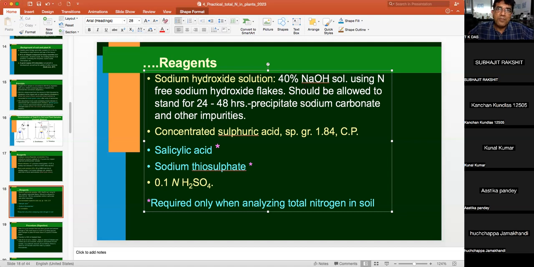If you can prepare 1 normal sulfuric acid, then you can dilute it 10 times to make 0.1 normal. The equivalent weight of sulfuric acid is 49, and you also know the normality of the concentrated acid, 36. Based upon those exercises, I need not repeat. You can prepare 0.1 normal solution of sulfuric acid.